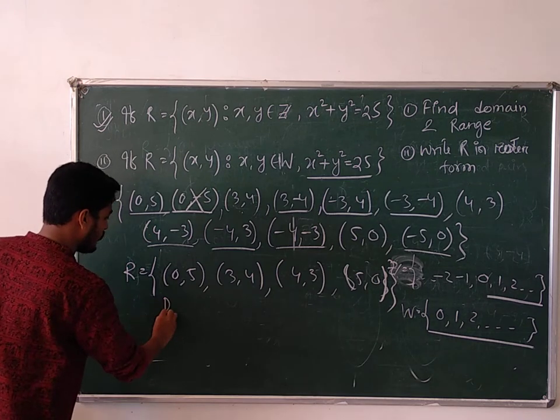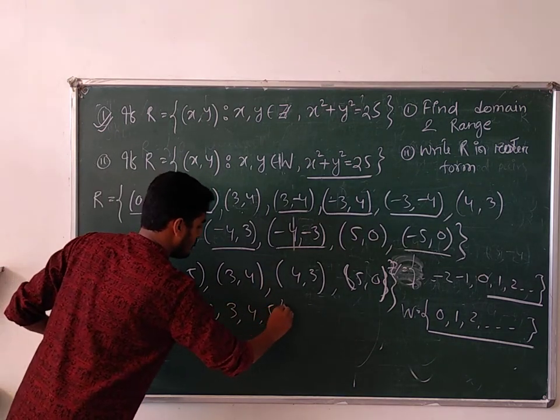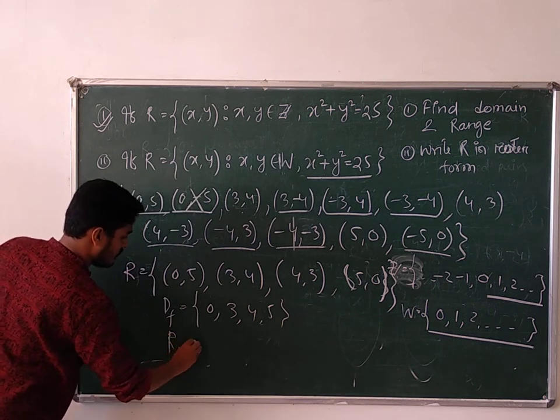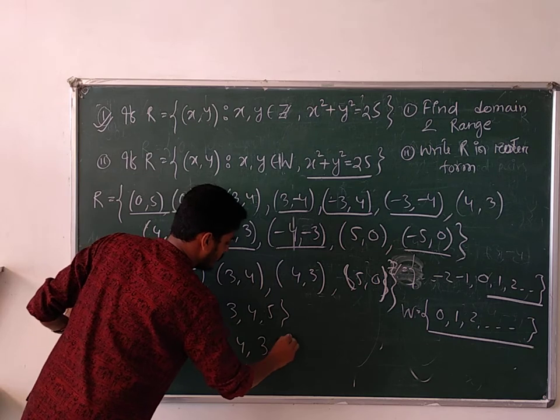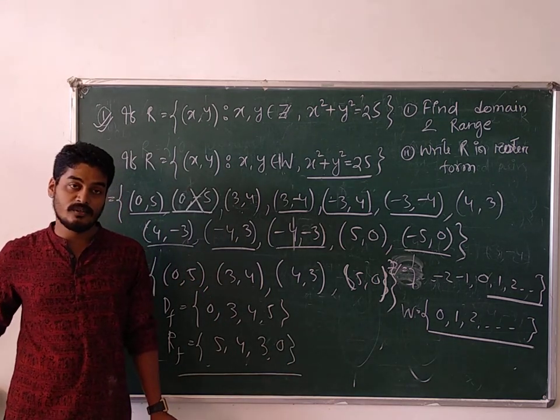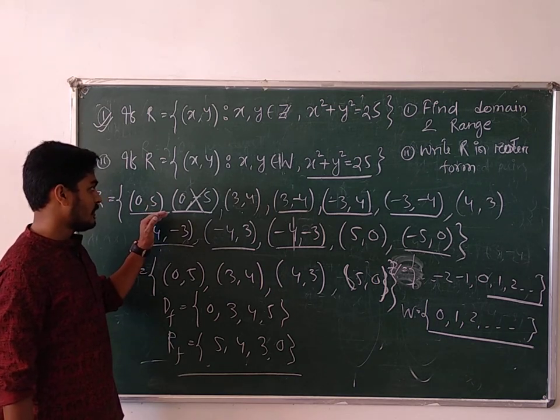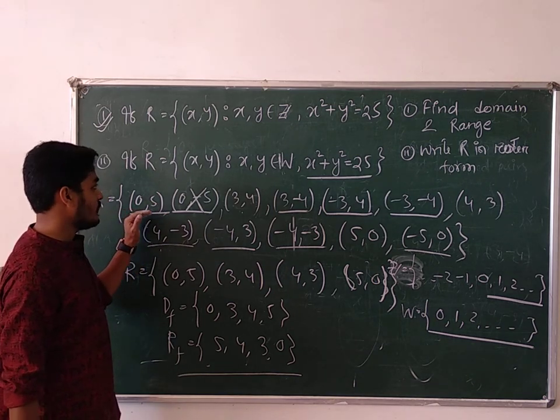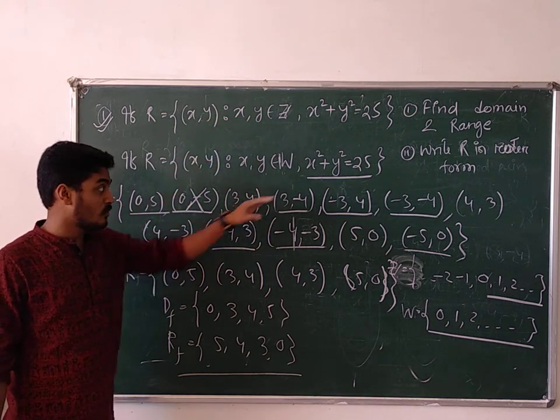Okay, then what is the domain of f? Domain of f is the first components: 0, 3, 4, 5. What is the range of f? 5, 4, 3, 0. Range as well as codomain. Here the range set is equal to the codomain set. That means from the set of real numbers, I have tried to identify the set of all those ordered pairs which satisfy the first condition, as the condition is same.